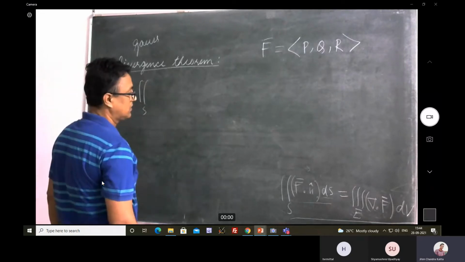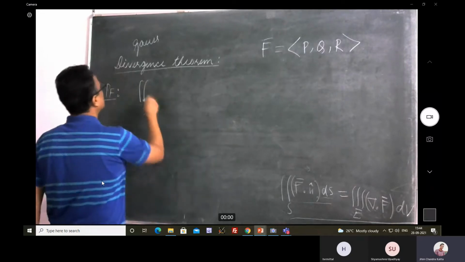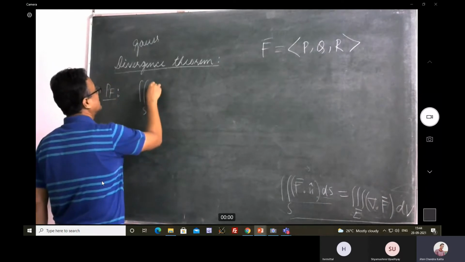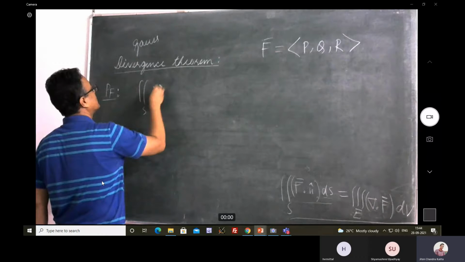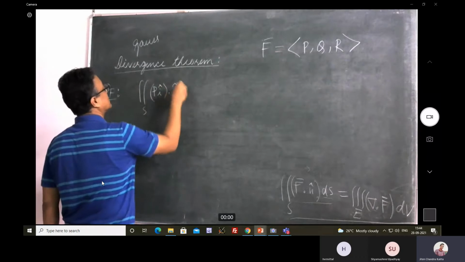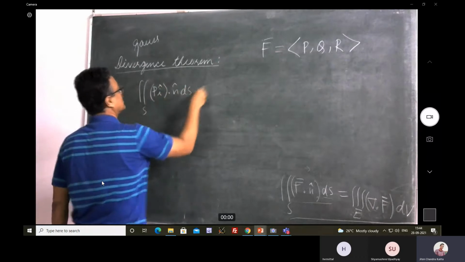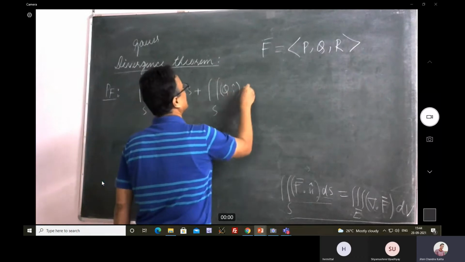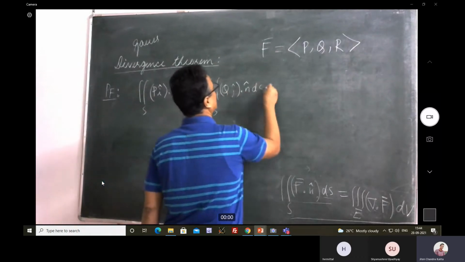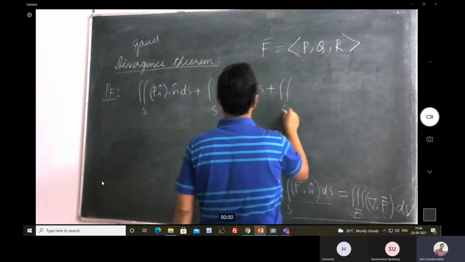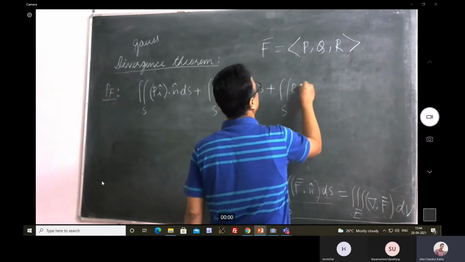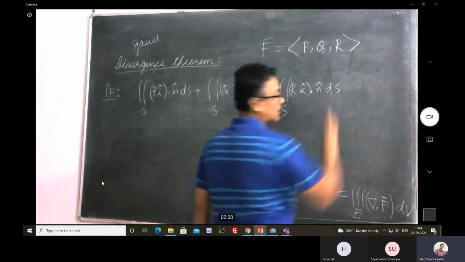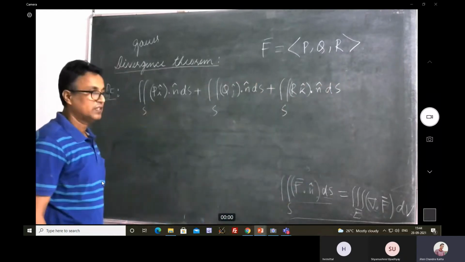Your left hand side is going to be the surface integral over S. Then I can break the left hand side as this, isn't it?